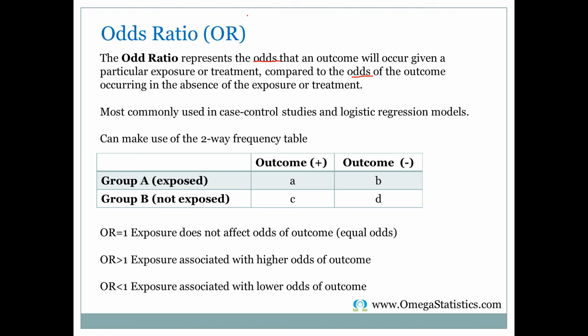Because the odds are a ratio for one group and you're going to compare it to the odds of the other one. This is most commonly used in a case control type of study. You'll see it all the time in logistic regression models, always reported with logistic regression. We can make use of this two-way frequency table here to figure the odds ratios.